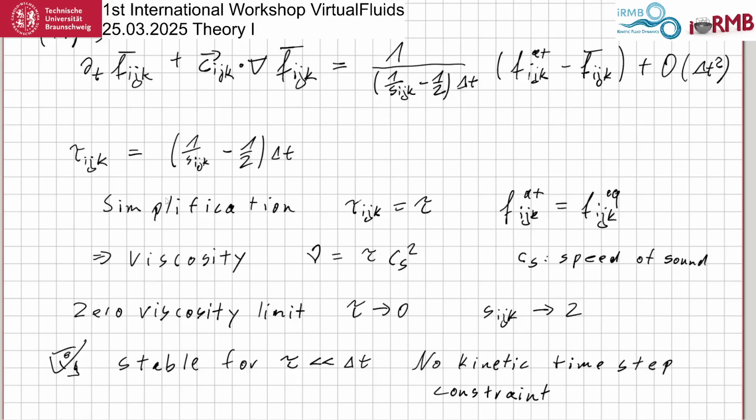Because what is usually done in the lattice-Boltzmann method is that you can reduce the number of degrees of freedom by choosing a specific speed of sound.